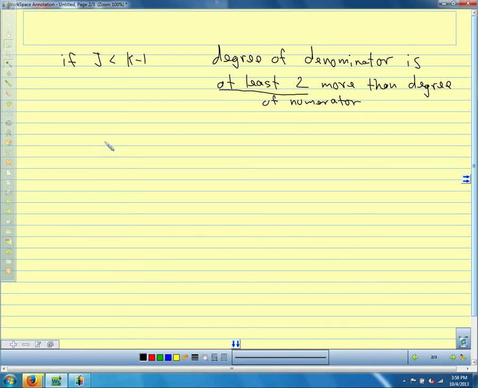So for example, if we said that k equals 5, like we've done before, then j is less than 4. So the difference in the degrees of the numerator and denominator is at least 2.